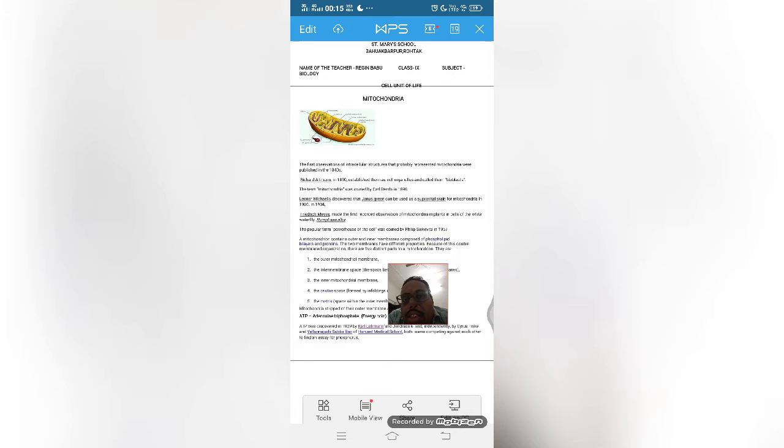In modern times, if we want to see mitochondria, we use stains, which means chemicals that are used to give color to a biological substance. Mitochondria can be viewed under the microscope through a special stain known as Janus green.